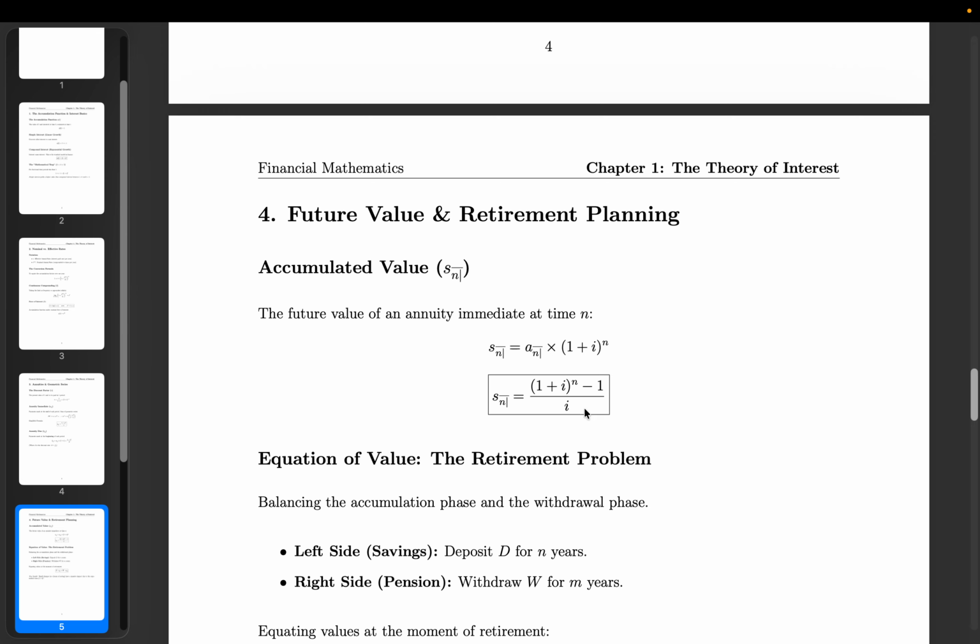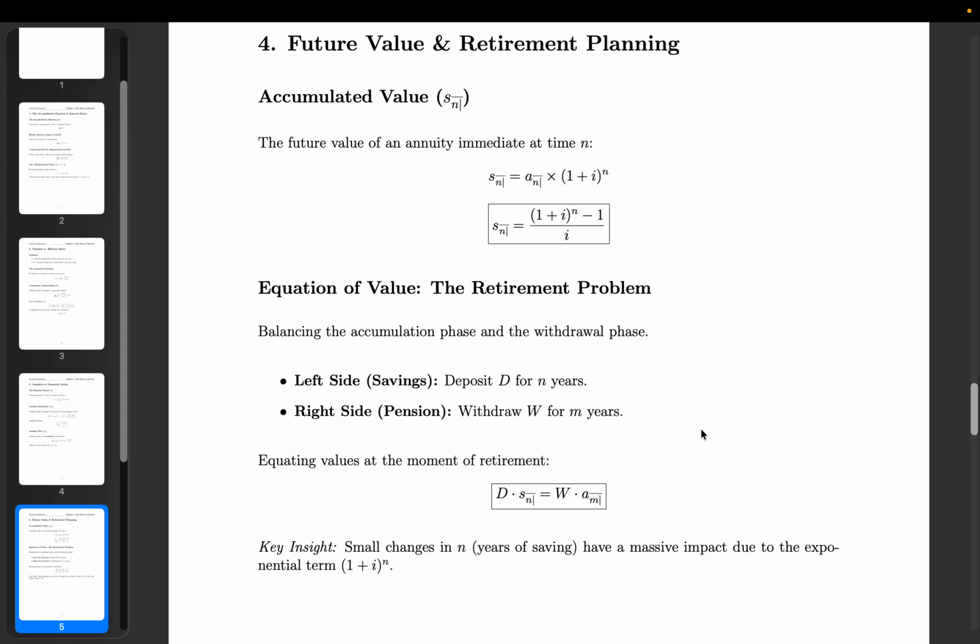Phase 2: you retire and withdraw money W every month for 20 years. How do you equate this? The book sets up an equation of value. You have two choices: bring everything to present time 0, or bring everything to the retirement date, time 30.